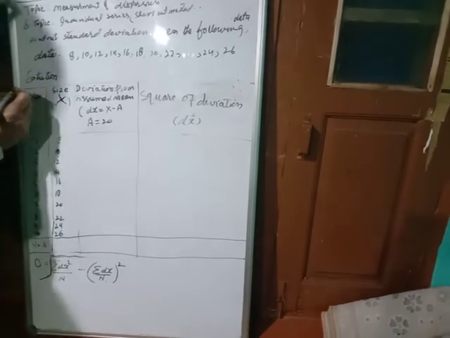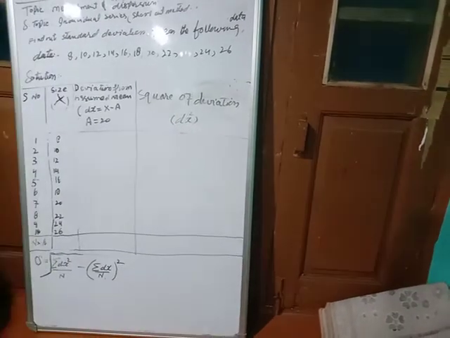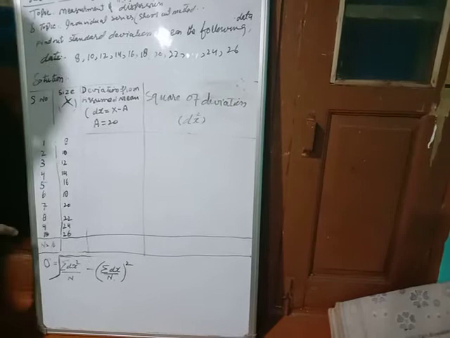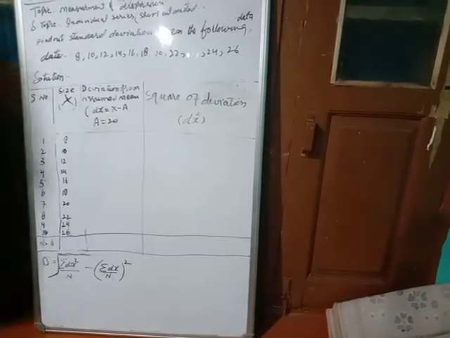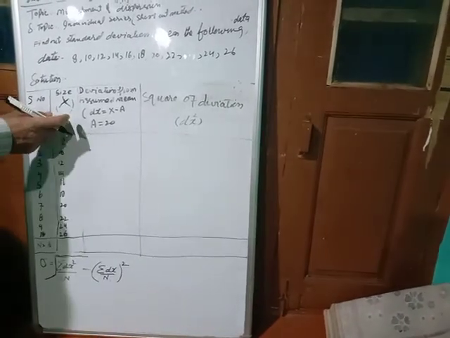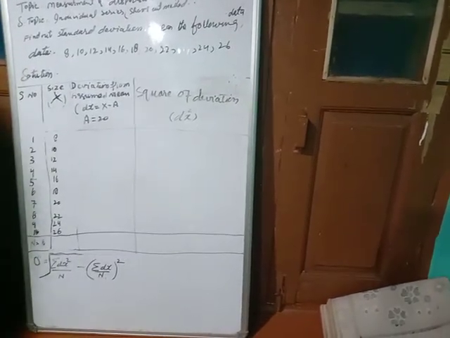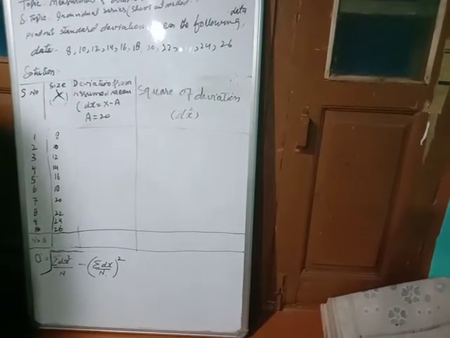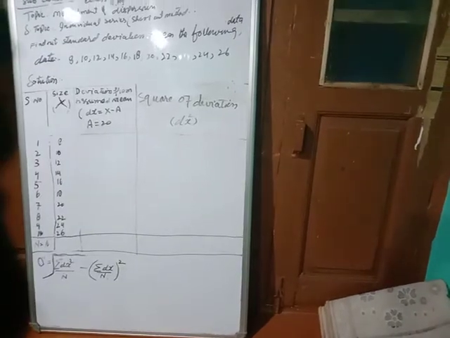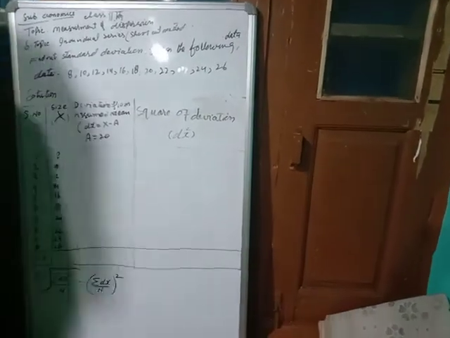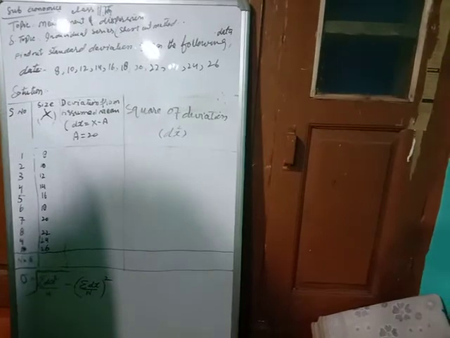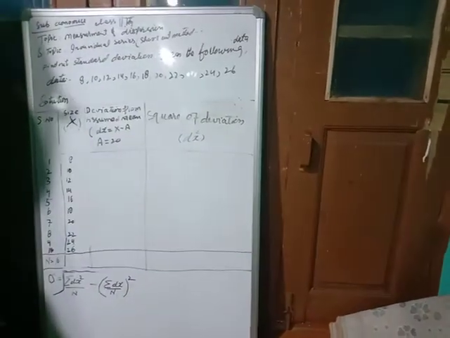Now I have written in the first column the serial numbers 1 to 10, and in column number 2 the size which is given in the question. Now what to do? We have to find out the standard deviation.